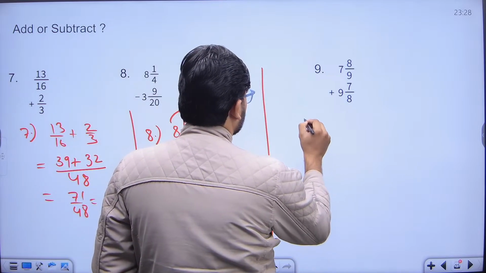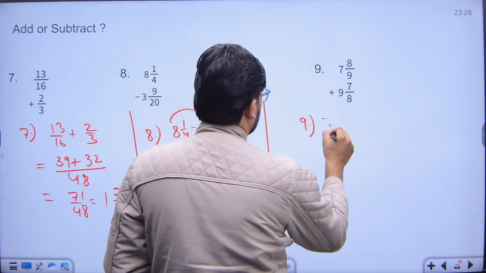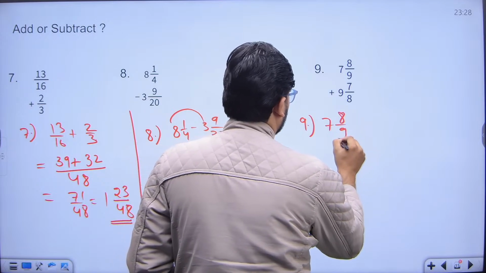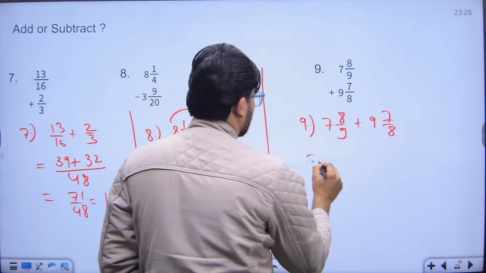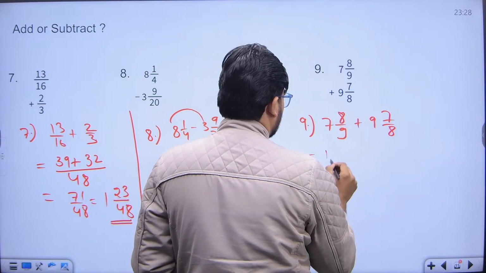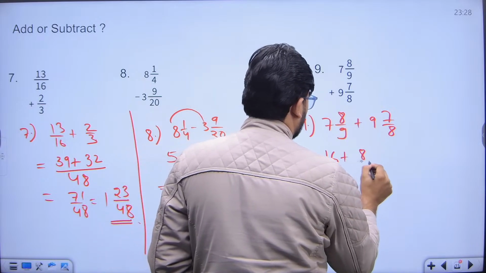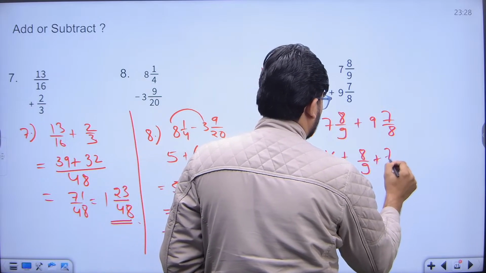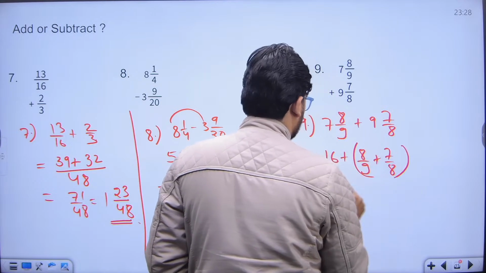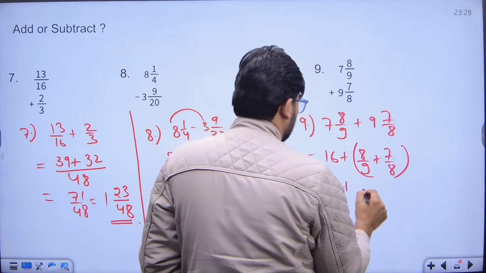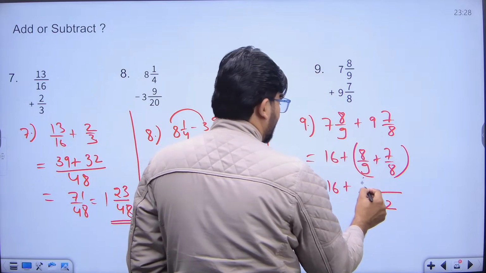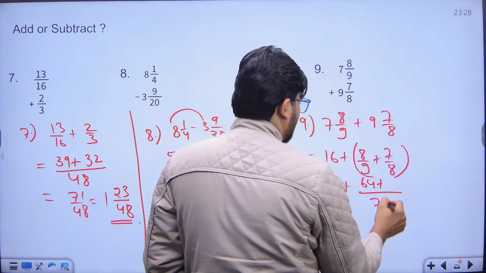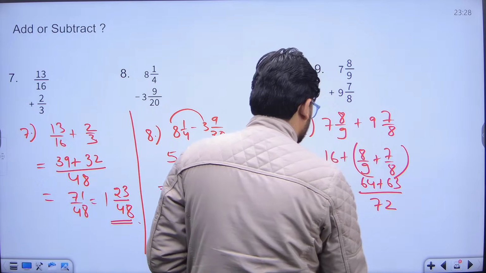Moving on to the next question, question number 9. So we have 7 8 by 9 plus 9 7 by 8. So 7 plus 9 is 16, plus 8 by 9 plus 7 by 8. So we will have 16 plus, the LCM is going to be 72. 9 into 8, 8 into 8 is 64. 8 into 9, 9 into 7 is 63.